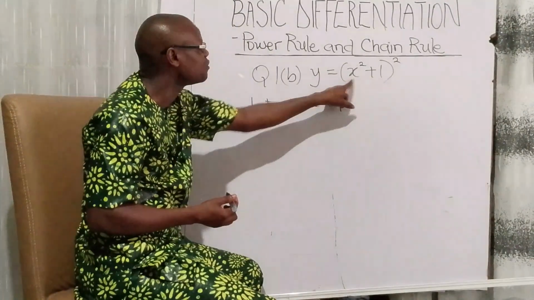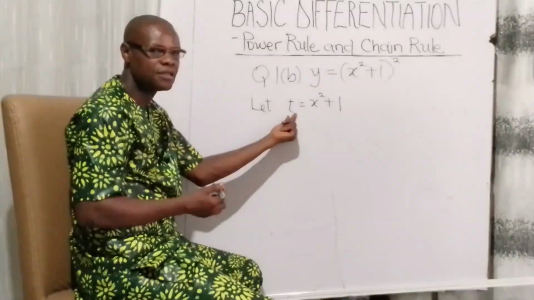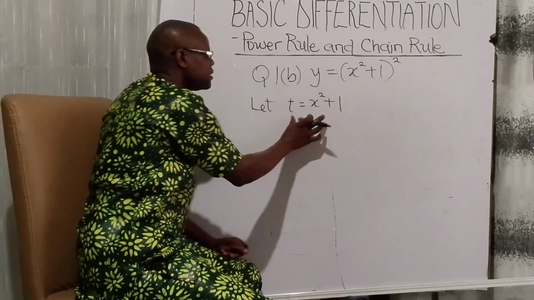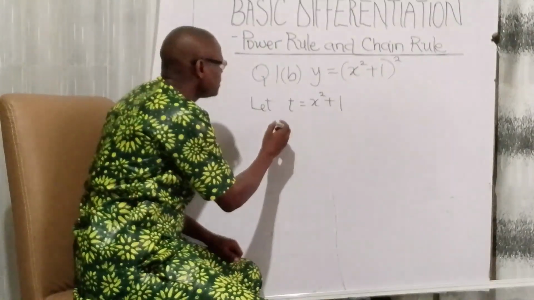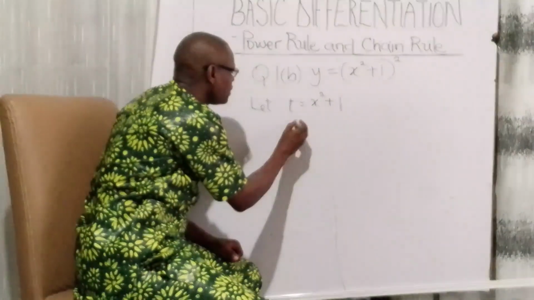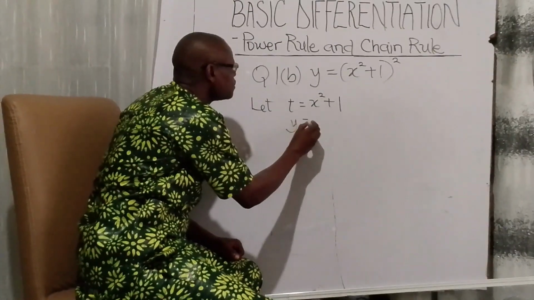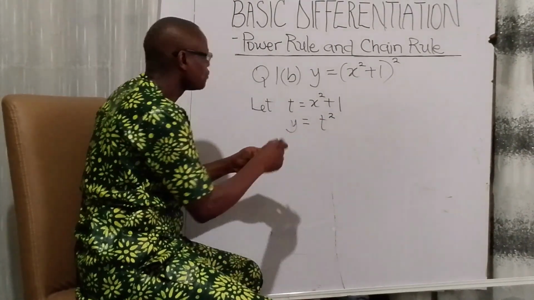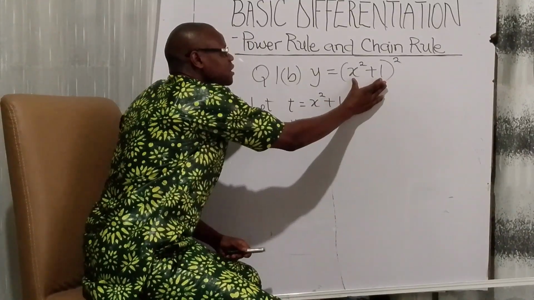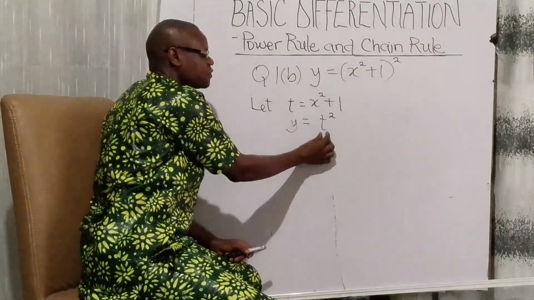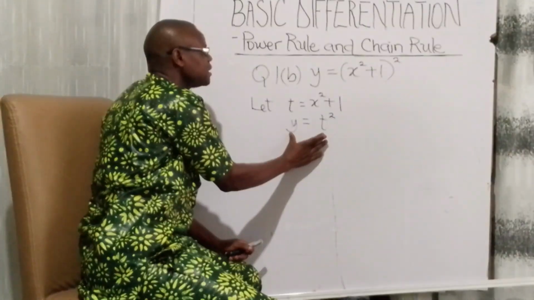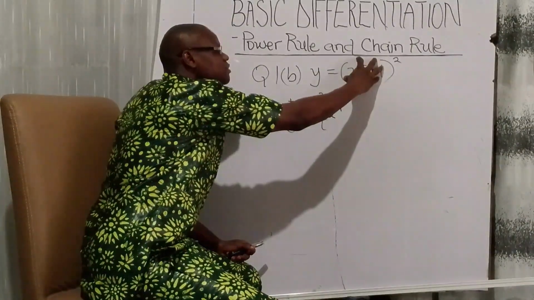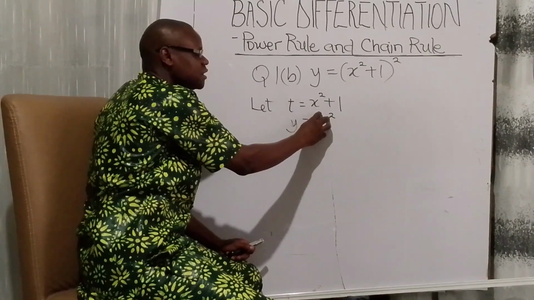Do not use any of these as your variable here. Now, if our variable here is t, then we can easily say that y is equal to t raised to the power of 2. So this function here is now taking the place of t. So the only thing is that we have substituted what we have here for t.